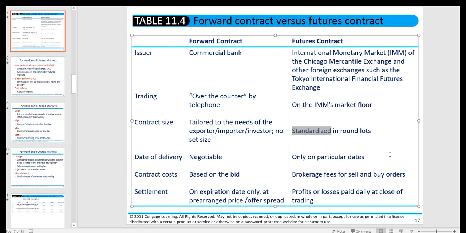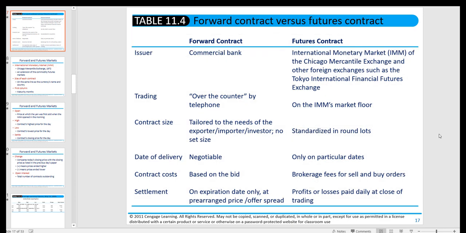For example, if you want 350,000, but the minimum in the futures market is like 1,000,000, you cannot buy. So if you need like 1,050,000, it's already not appropriate for you because you can only buy 1,000,000. Right? So you could buy 1,000,000 there, but then you have to buy 50,000 on the side through a forward contract. So the key difference is that the forward contract is tailored to the specific needs of the client, and the futures contract is standardized, in lots of currency.